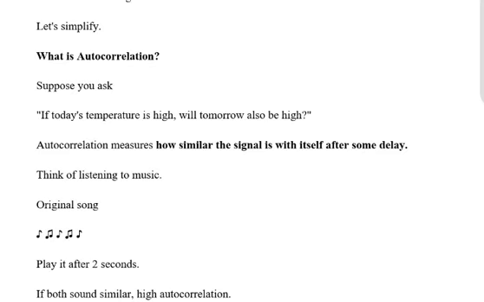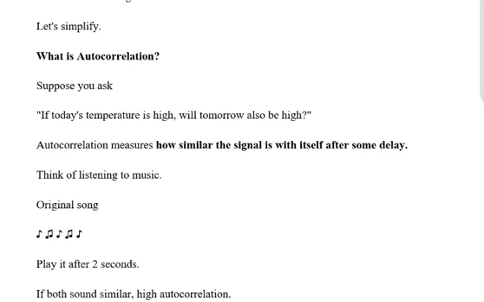The previous day, if I hear a word in the music or a song at minute 1, and I hear it tomorrow also, even after a time delay of 1 day, in the first minute I'll get the word and on the next day also. This is what we call the autocorrelation.